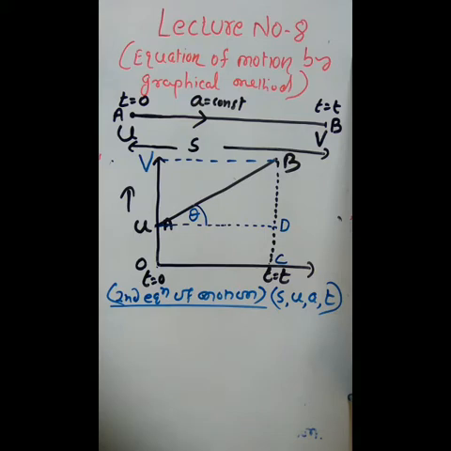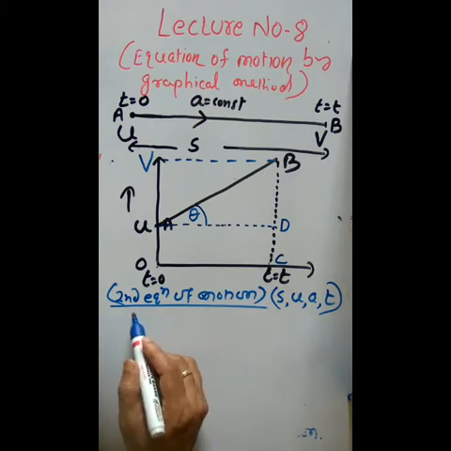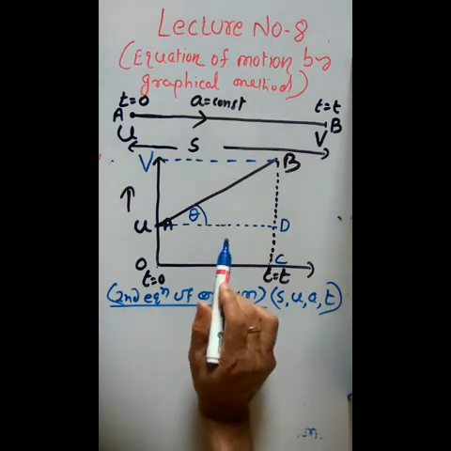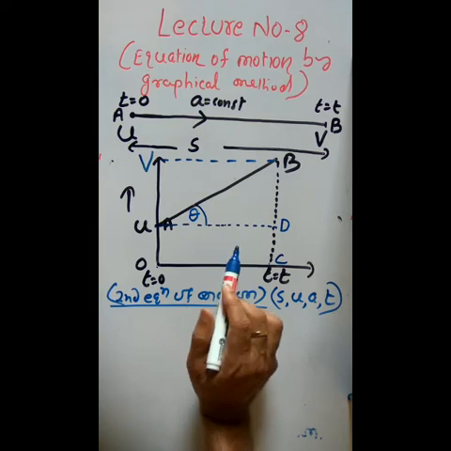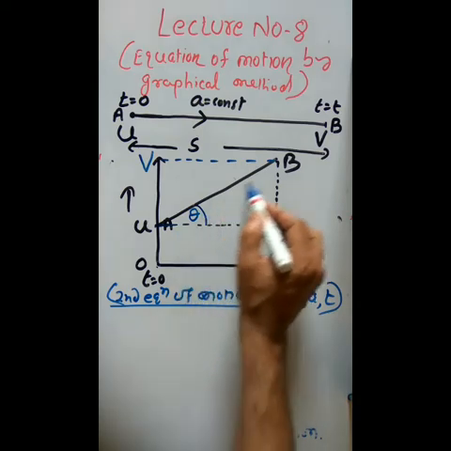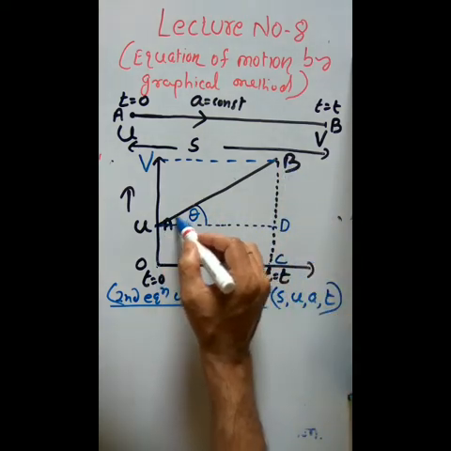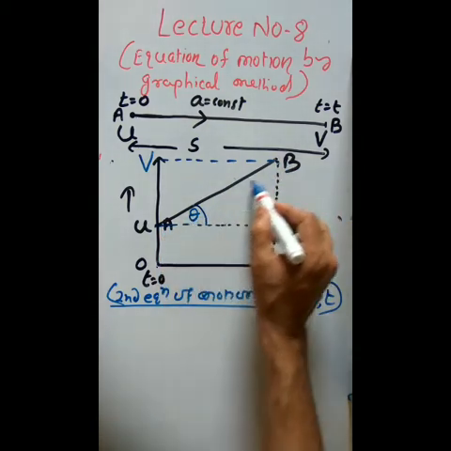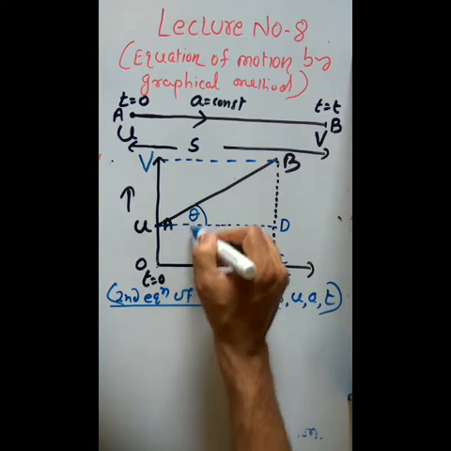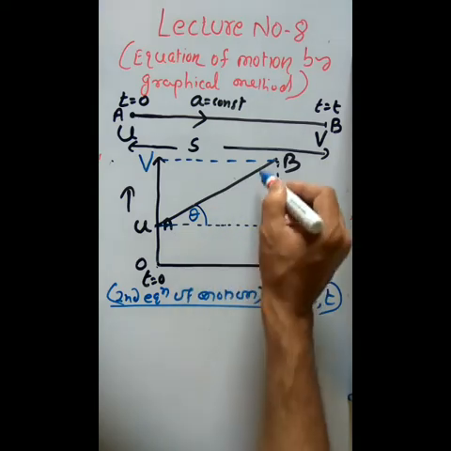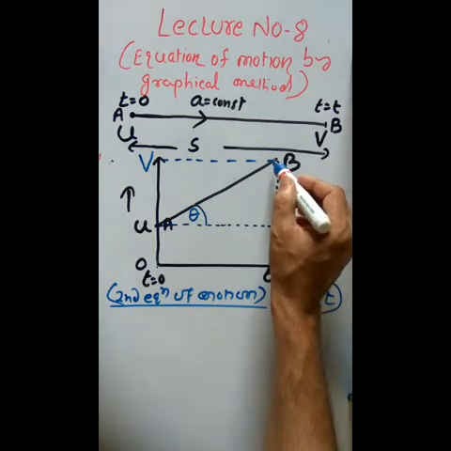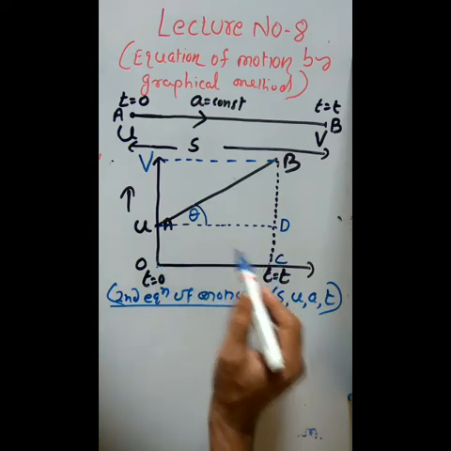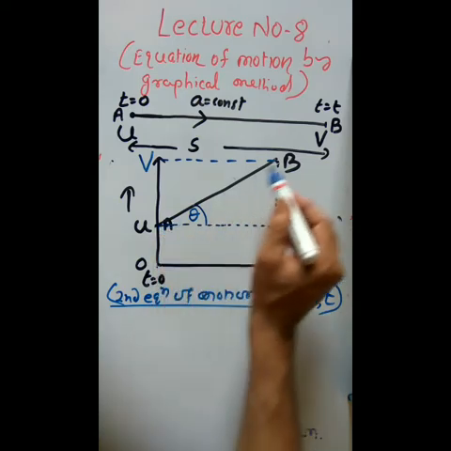And second, from the velocity time graph we can find the displacement covered by the body. How? Displacement covered by the body can be found by calculating the area below the velocity time graph. Suppose this is the velocity time graph. This AB indicates the velocity time graph. Whatever area is coming below AB and above the time axis, this is OABC.